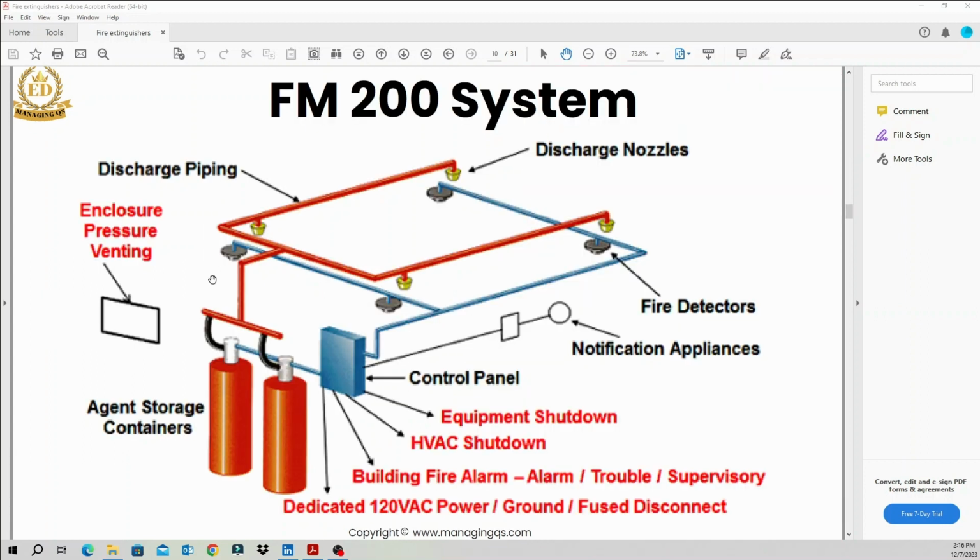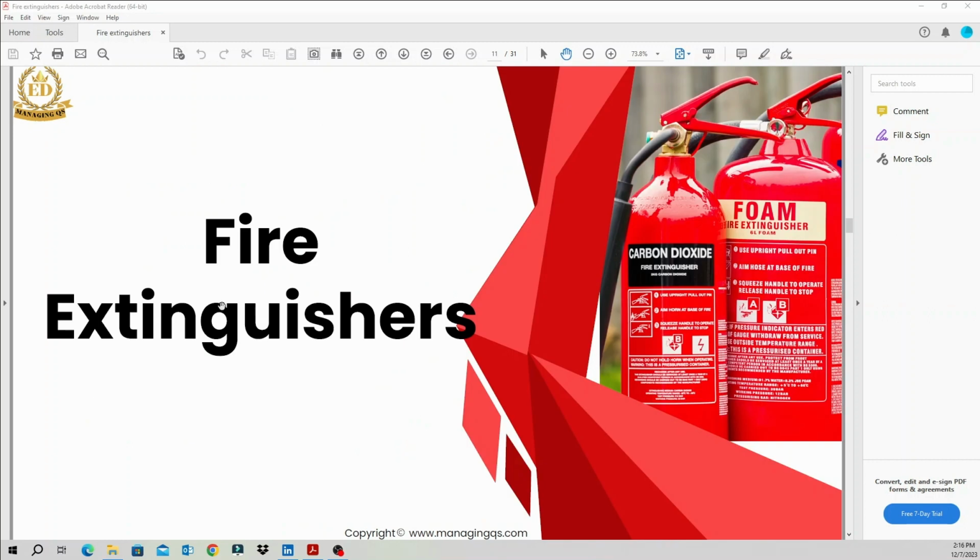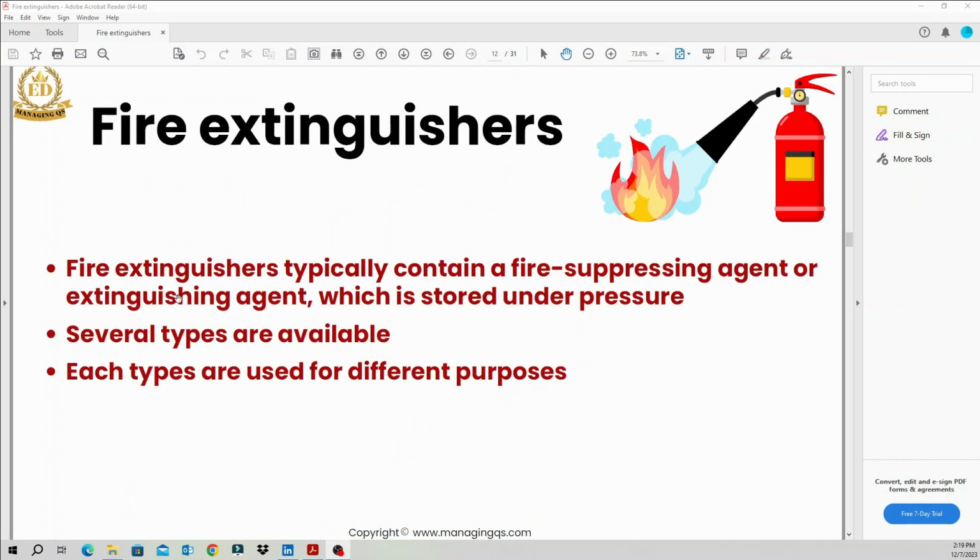The first one we completed. The second one is fire extinguishers. So let's understand something. The fire extinguisher typically contains a fire suppression agent. Normally different types of fire suppression agent are available, normally stored under pressure. Several types are available.